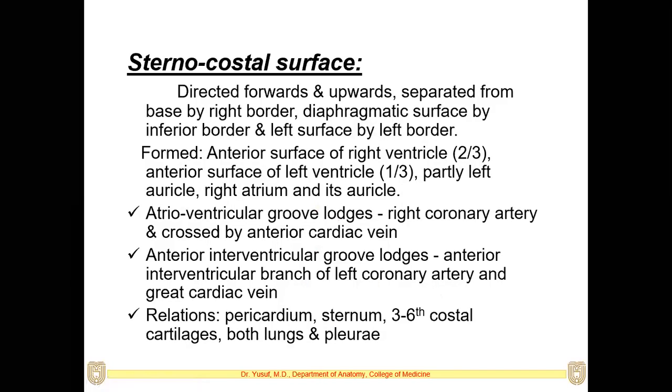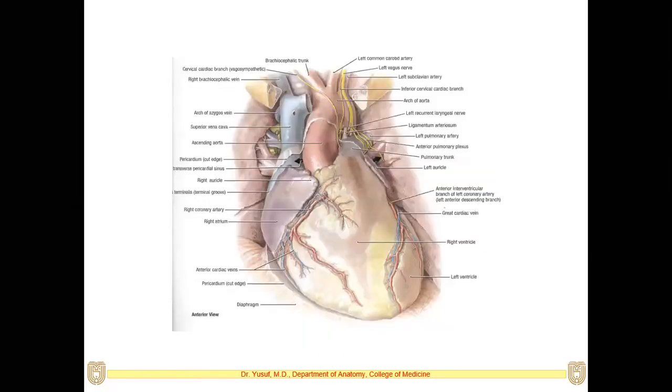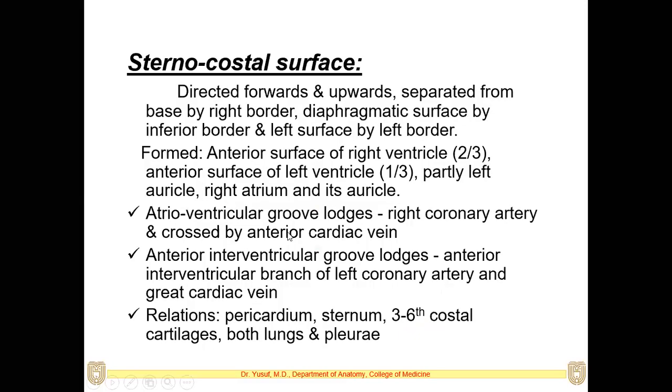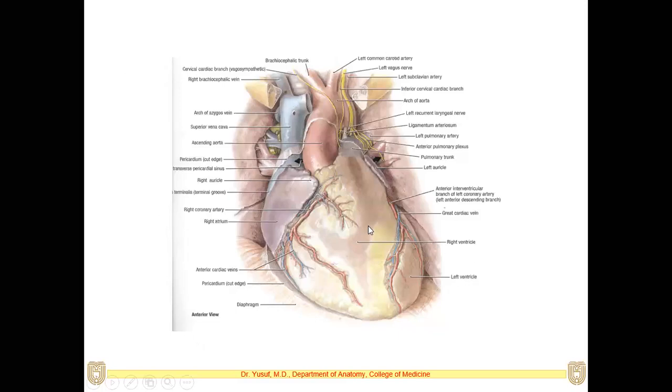The atrioventricular groove lodges the right coronary artery and is crossed by the anterior cardiac vein. There is a groove here between the right atrium and the ventricle. This is called the right atrioventricular groove, and it is lodged by the right coronary artery, as you can see here.